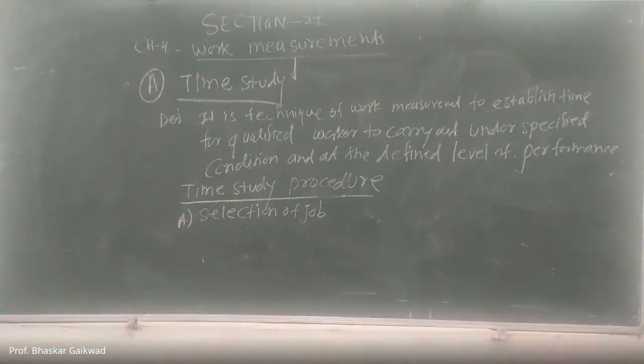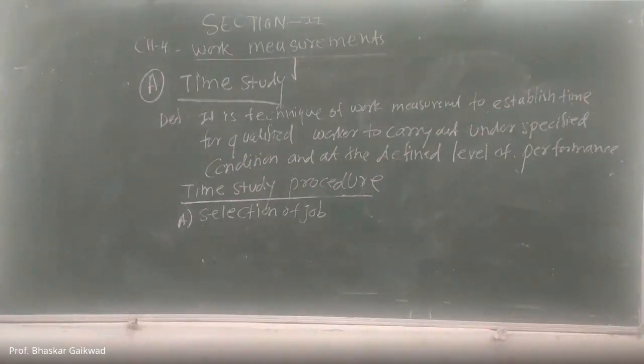Actually you have to select a new job, or a job for which a study has not been taken. While selecting a particular job, which points should you remember? Bottleneck operations which hold up other operations. Bottleneck means so many operations are there and there is a problem in one of them. Such jobs you have to select.